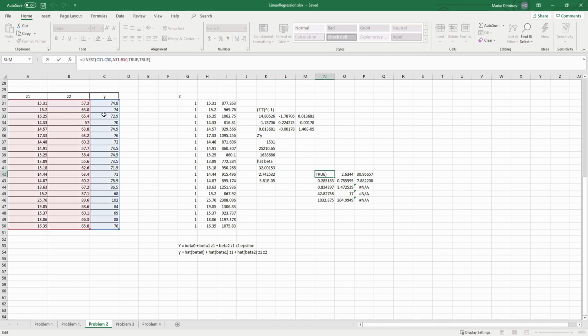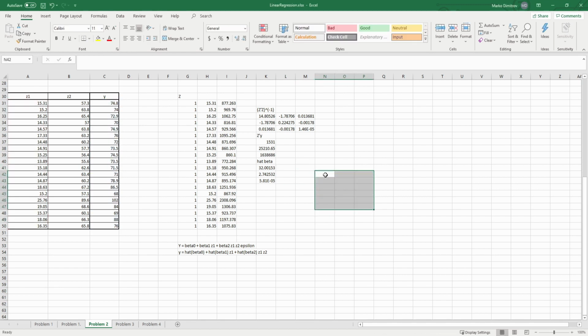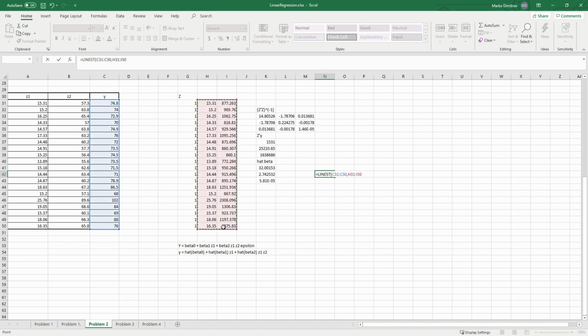We can check it, but instead of our z2 we would need, yeah, but I cannot change it unfortunately, so I would need to select again. So what we need is our known y's, known x's, true and false.